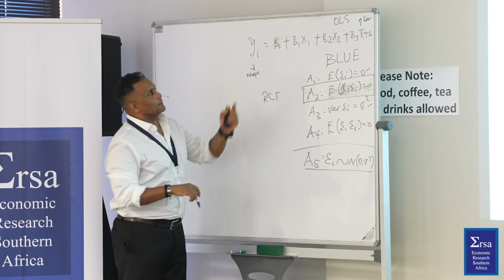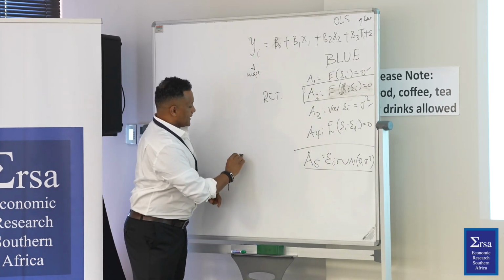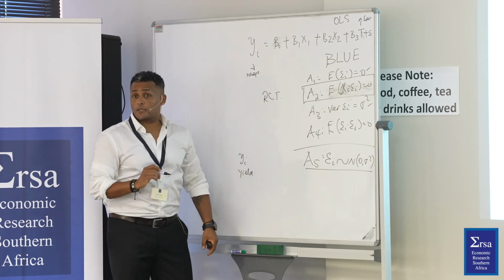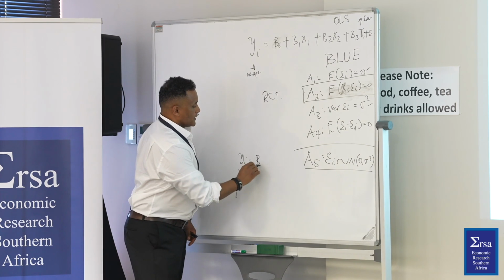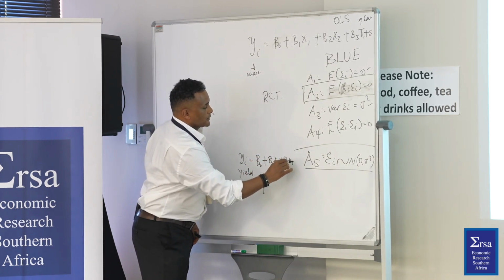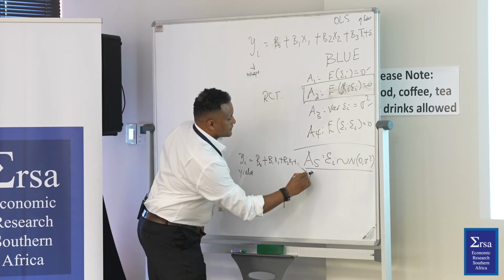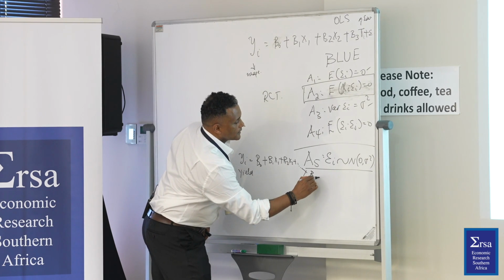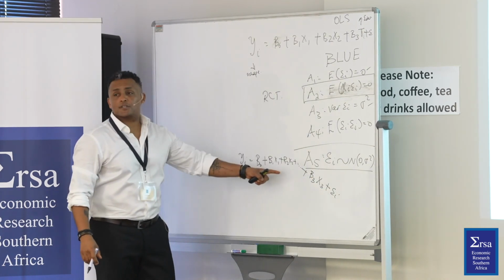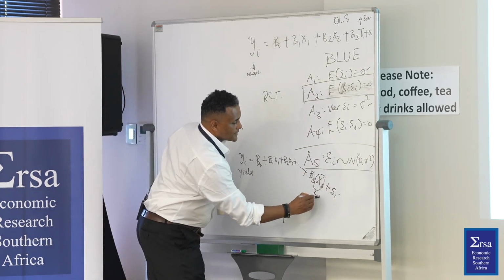To give you another, more realistic experimental example, let's say Y_i is agricultural yield. Then you have B0 plus B1 X1 plus B2 X2 plus B3 X3 plus E_i. So this is the yield equation that I want to estimate. One of these X's is credit.